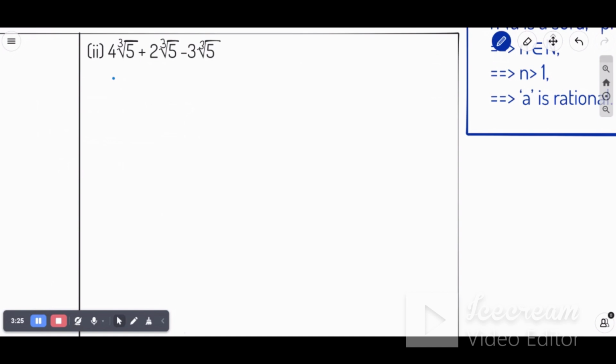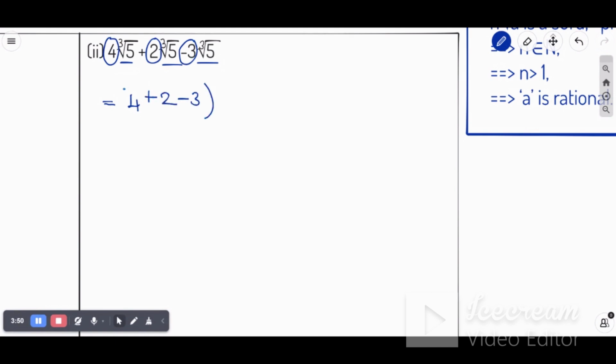In the next question, you have got 3 cube root of 5. The previous one was a square root. This is a cube root. Other than that, you don't have any extra difference. In the same way, take the 4 which is common, 2 which is common and minus 3 which is common, outside. So 4 plus 2 minus 3.